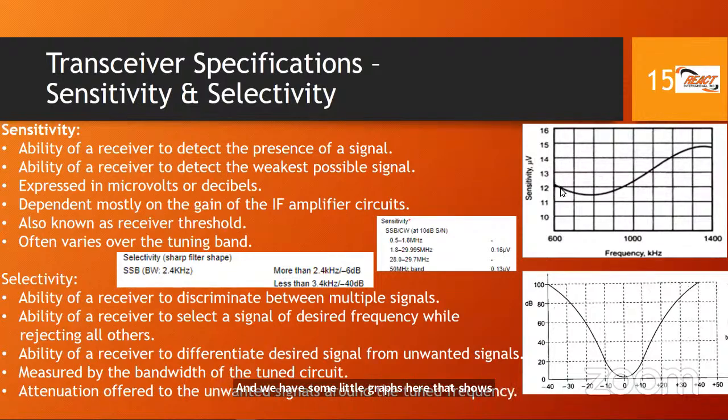What that means is, depending on the frequency, a radio may be a little more sensitive or less sensitive at a particular frequency. In other words, it's not linear. The sensitivity is not necessarily the same across the spectrum of the radio's receiver. Sensitive on some frequencies, less sensitive on other frequencies. And then selectivity.